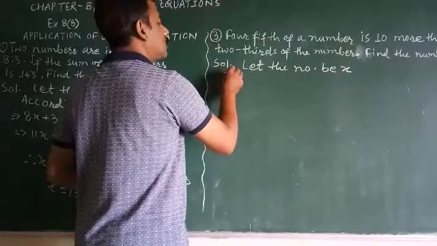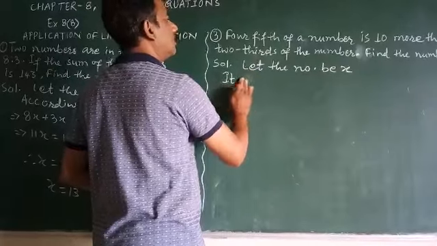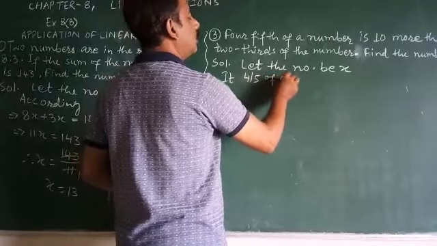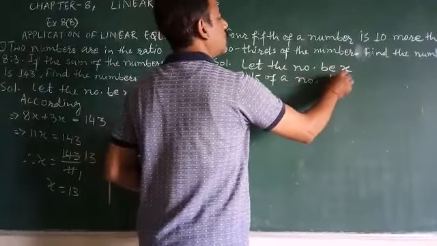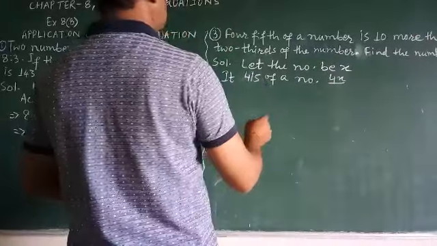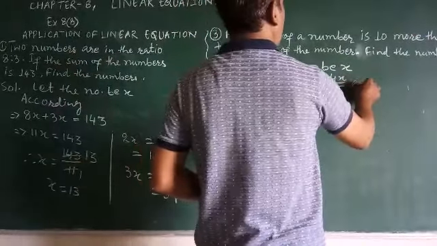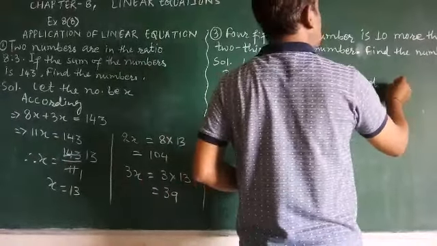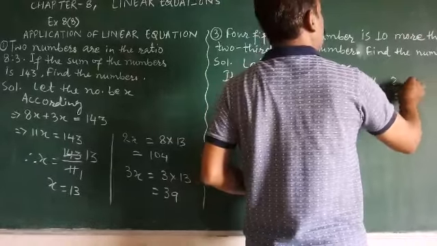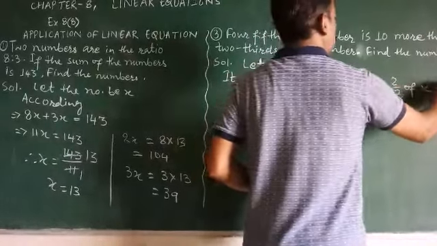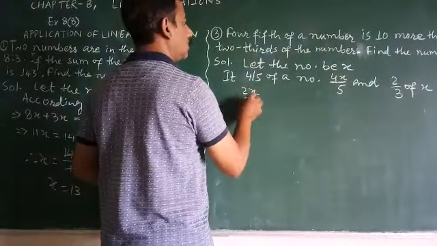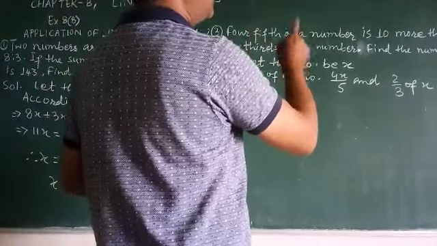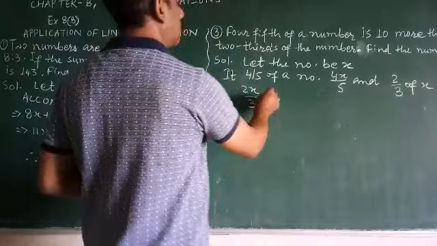Hence 4/5 of the number is 4x by 5 and 2/3 of the number is 2x by 3, where 4/5 of the number is 10 more than 2/3 of the number.